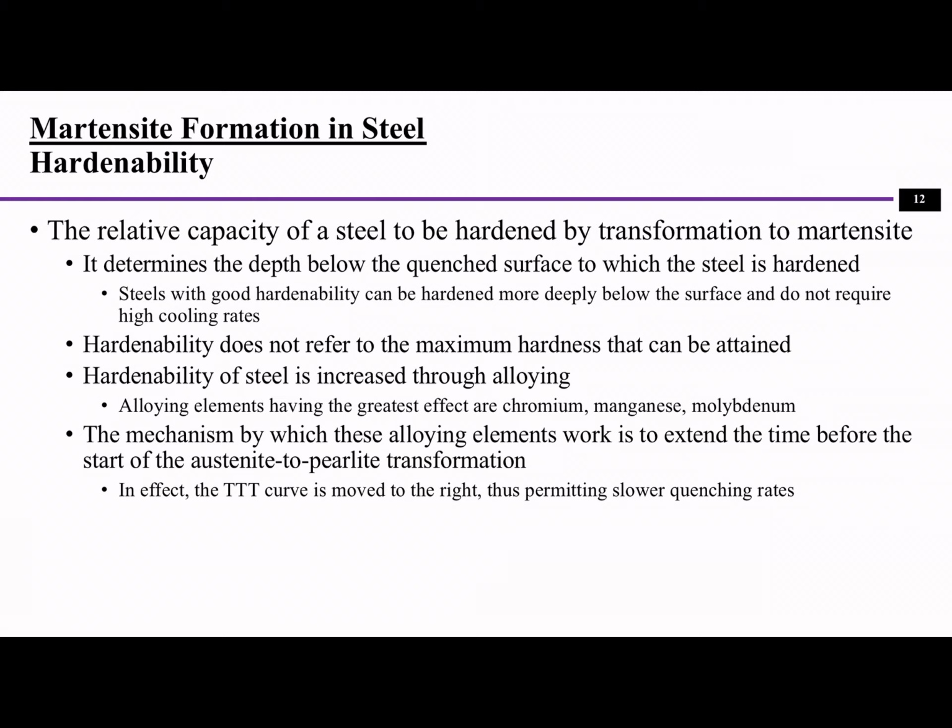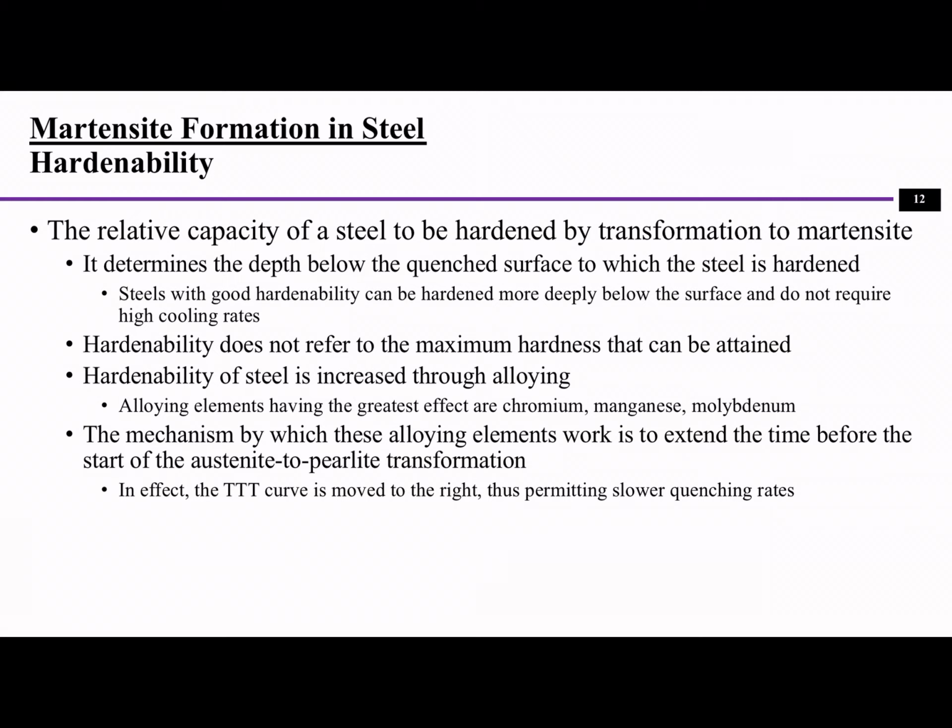Hardenability can be increased by alloying some elements, for example chromium, manganese, or molybdenum. How they work is that by adding those elements into the material, it moves the TTT curve to the right. Remember the idea is we do not want our fast cooling trajectory curve to touch the nose of the TTT curve.